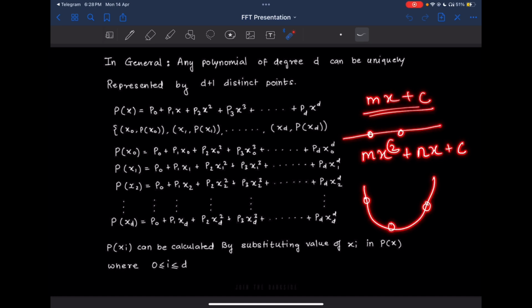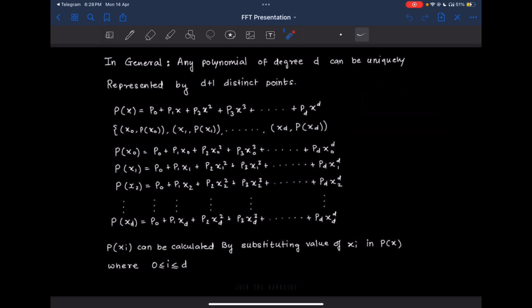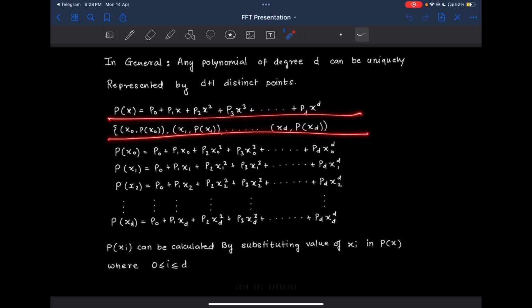Therefore, in a general case, any polynomial of degree d can be uniquely represented by d plus 1 points. So this is the d degree polynomial, and these are going to be the d plus 1 points of that d degree polynomial, right?